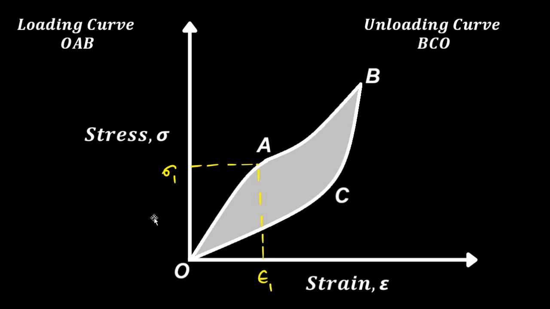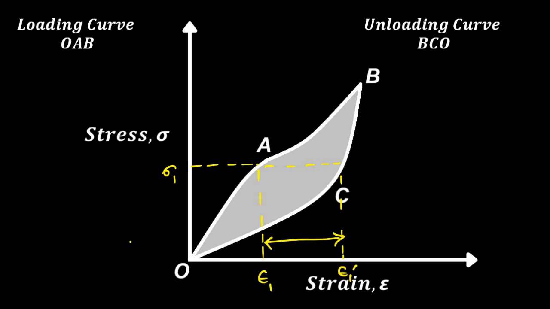No, it takes the path BCO, which means that for the same stress levels during unloading, the strain is different. Let's call it epsilon 1 dash. So there is some permanent residual strain in the elastic material.